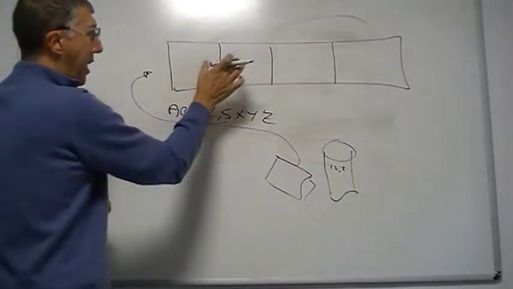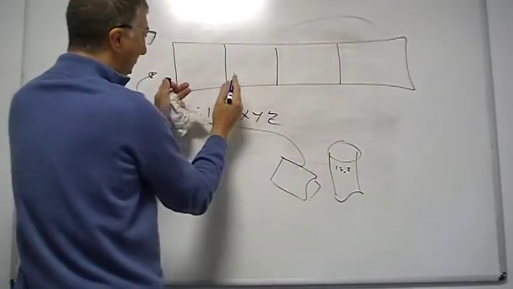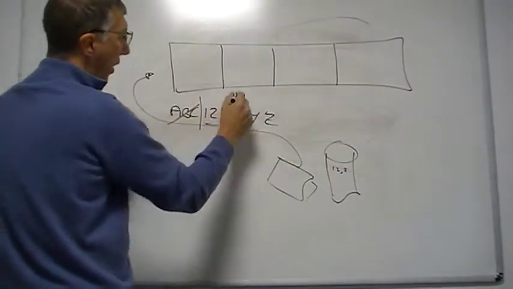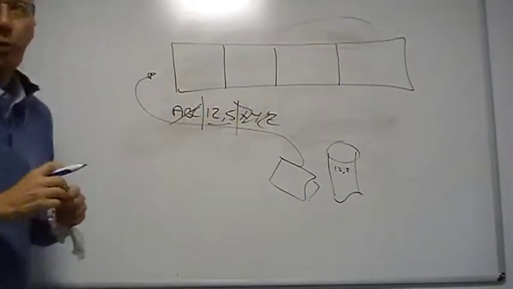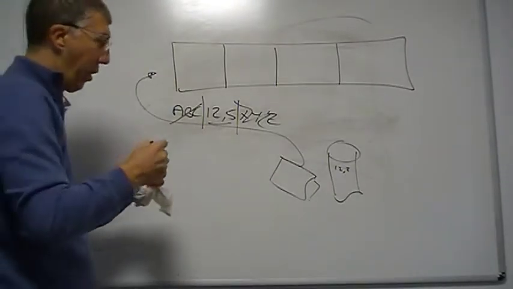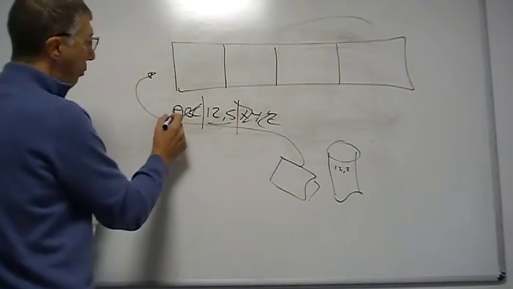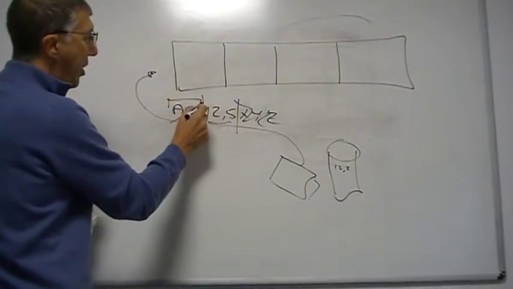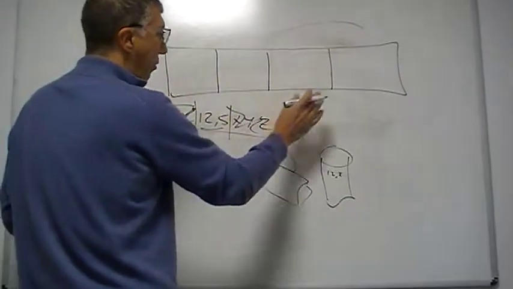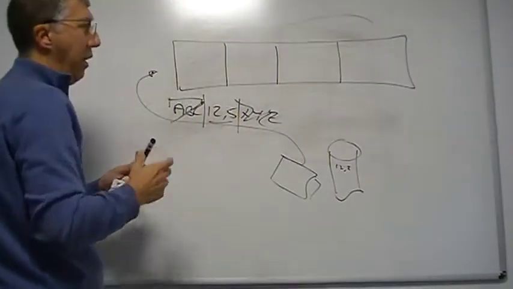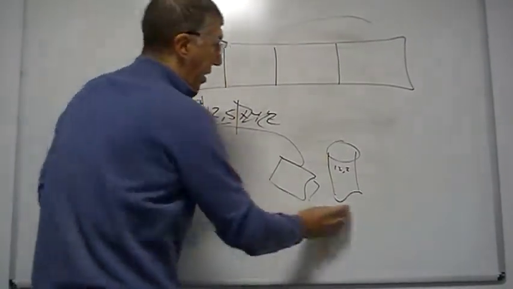So we can take that data and we can set this up to mask it so we only see the 12.5. It's another way of doing it. We can also say that we want to jump so many characters in and read the next 3 and then forget the rest of it. There are many, many ways to set this up.